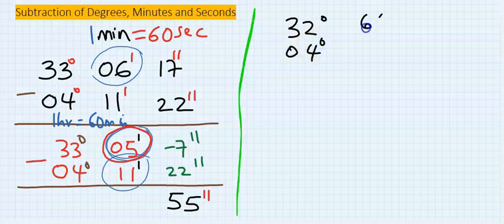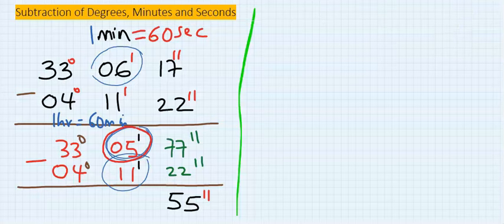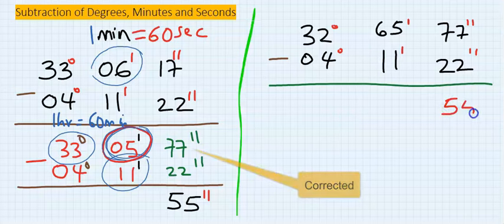And here I'm going to have 65 minutes, which is subtracting 11. And the 77 minus 22 here has not changed. With this being 65, our question will change, and this being 32. Hence, our new question becomes this. The 55 here has not changed because we've completed this side.